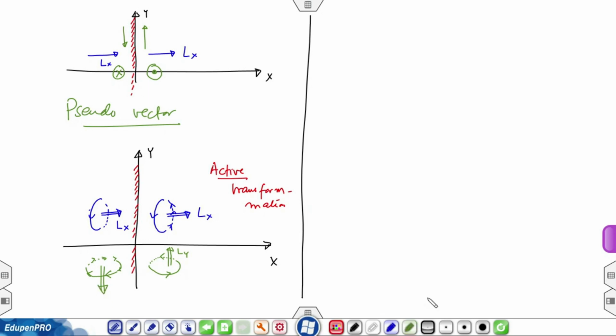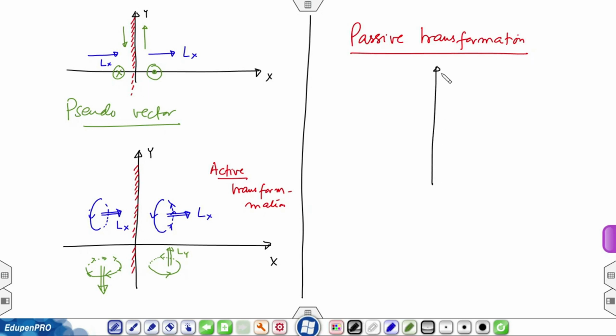Let us look at the same thing from a passive point of view. Passive transformation. Again, I have this axis x, y, and x prime would point the other way.